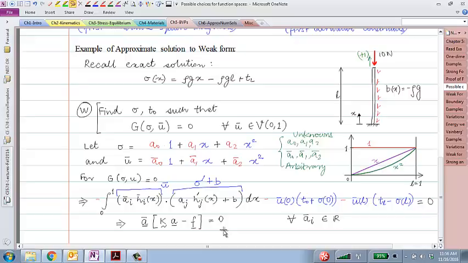And is anybody familiar with this type of equation? Ka minus f. This is the common equation that you solve with structural analysis. When you do structural analysis, you solve some stiffness matrix times some degrees of freedom given some force vector, right?